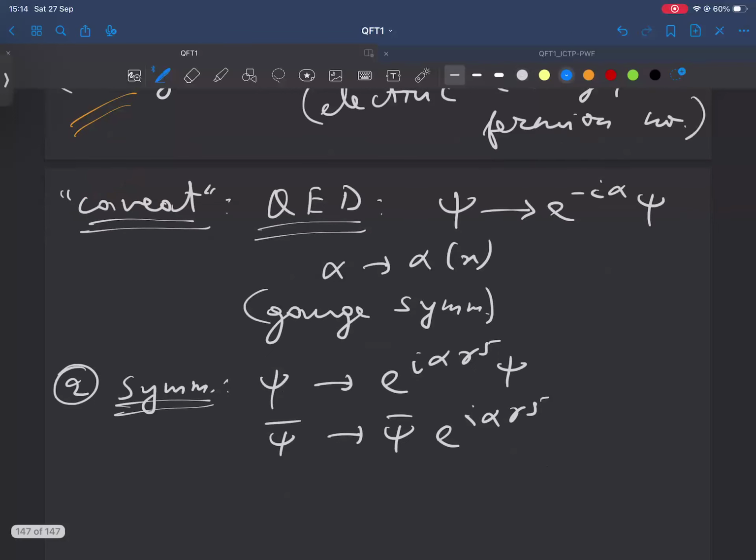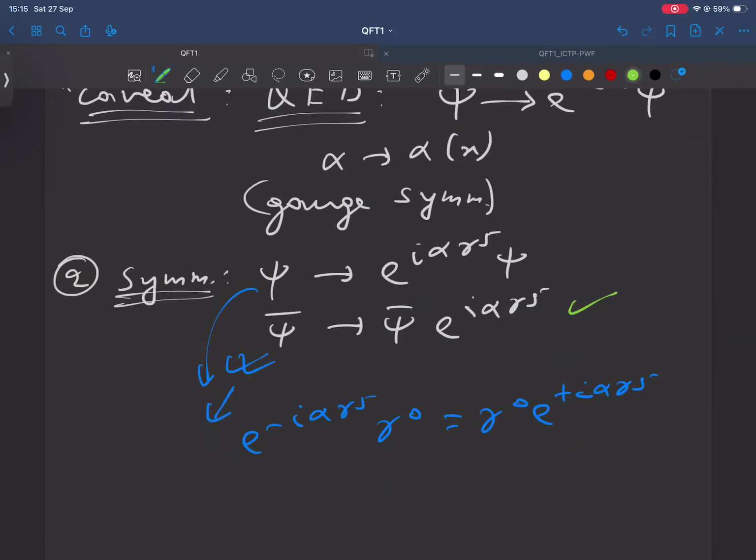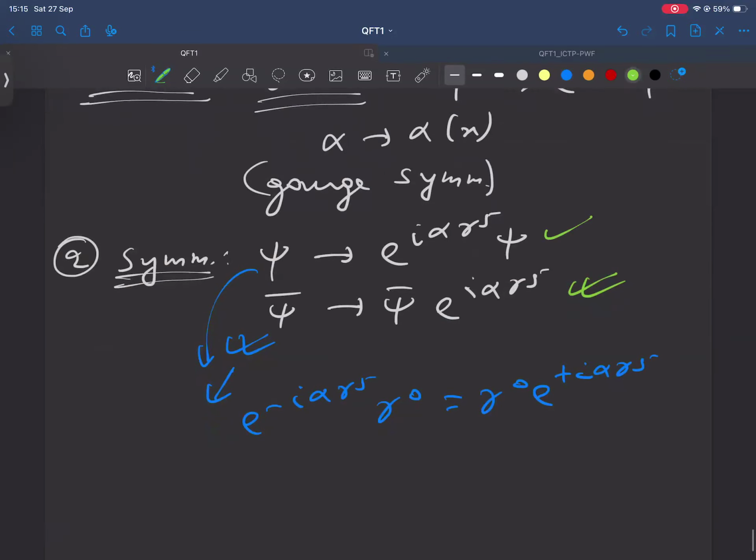Okay, and this can be derived from the first one, just noting the transformations of gamma 5 and gamma 0. Okay. So if you expand the exponentials again here, you can understand that this actually happens, and hence the psi bar transforms like this, if psi transforms like this. And this is what is called an axial symmetry.